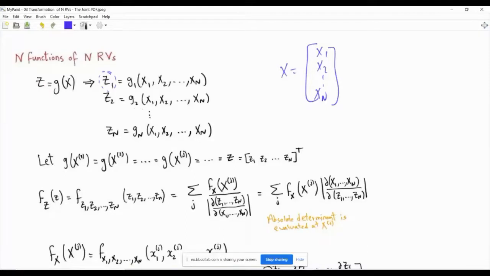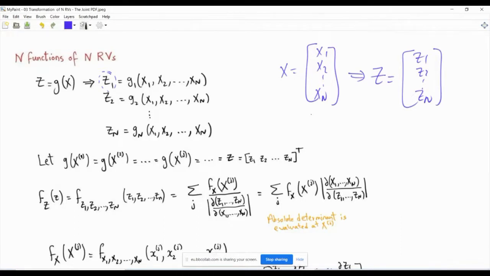We apply g2 to those same n random variables and get z2. Then we apply gn to the n random variables and get zn. So we are doing a transformation from x, with those n random variables as components, to a new vector z with components z1, z2, up to zn. Don't forget that each one of those z's is some function applied to the x's from x1 to xn.